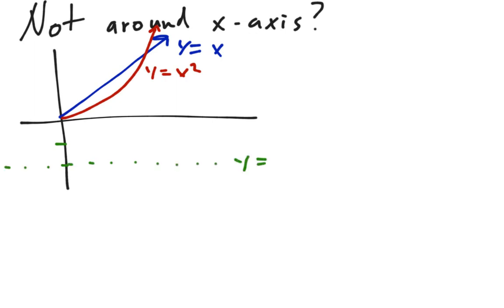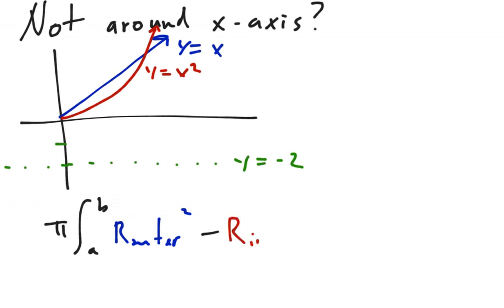-2 down here. So in this case, we're going to use the exact same formula, which is pi times the integral from a to b of (r outer squared minus r inner squared) dx.